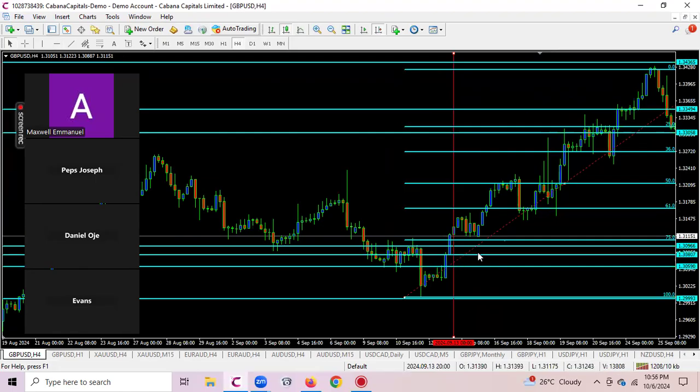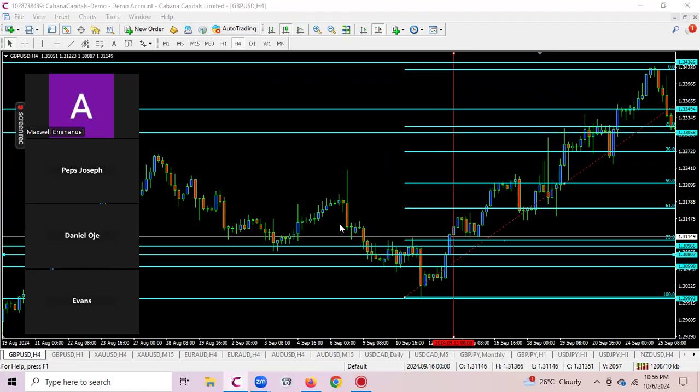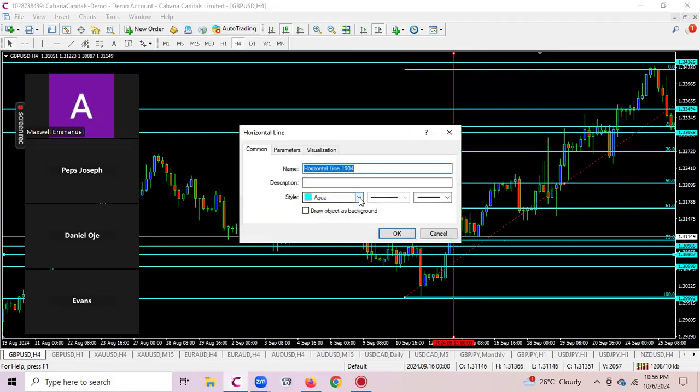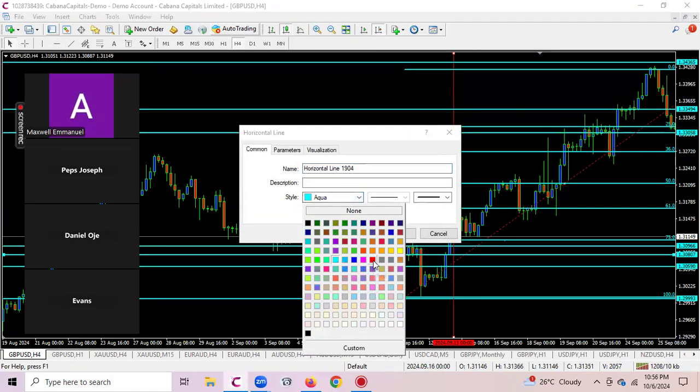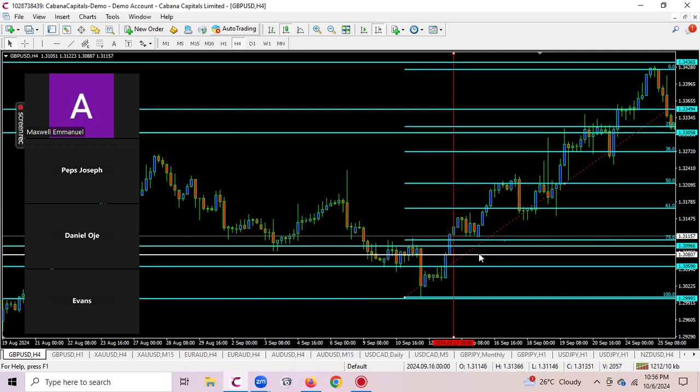Let me change the color. I want to confirm if price tested that area.